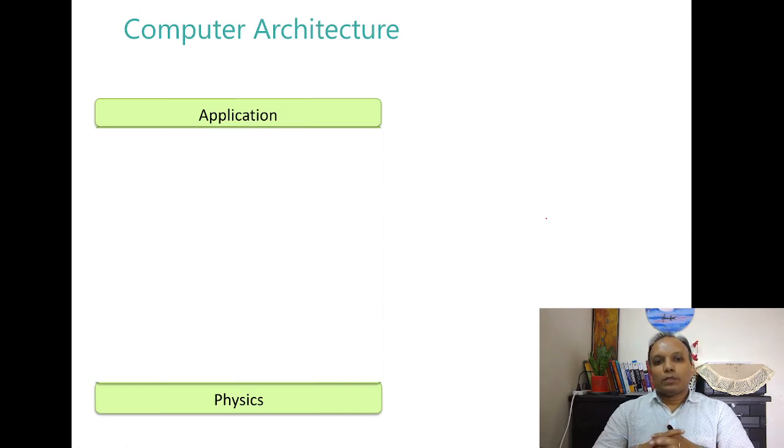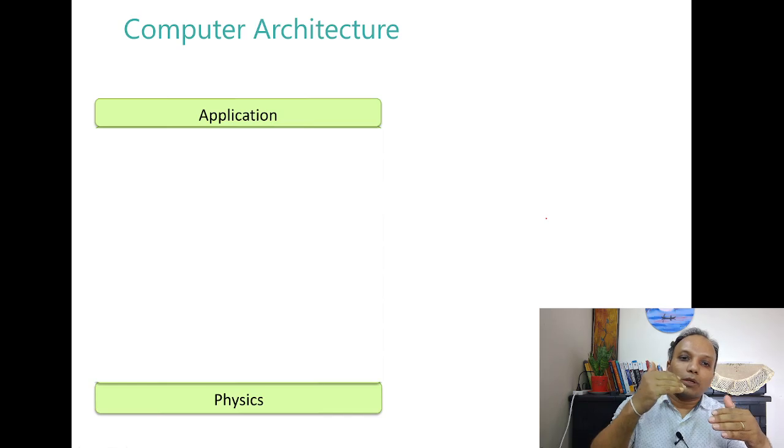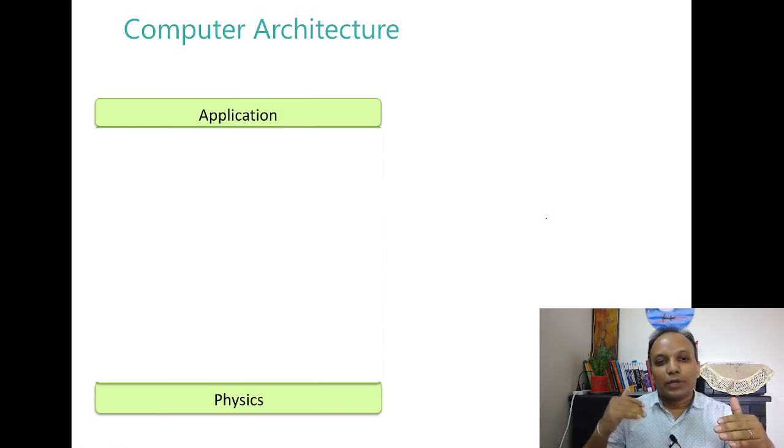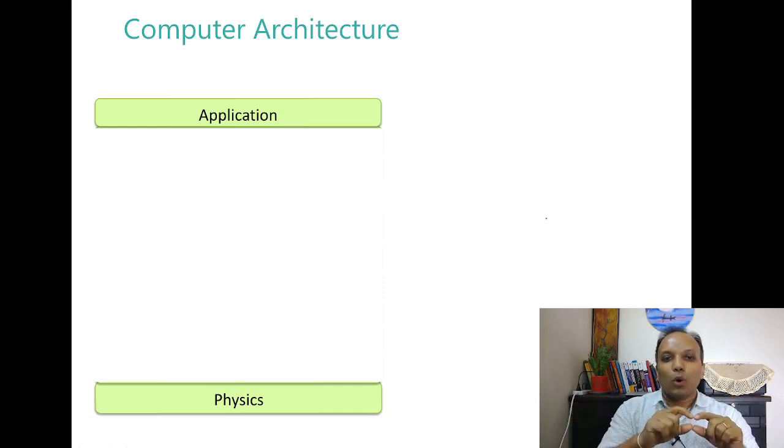Now if you think about it, this gap between the application and the physics is huge. Now if you are thinking of an application, let us say some image processing related application, and you want to find a solution for that. Now if you need to think about how that solution is actually getting translated at the physics level, then this will be a very overwhelming problem, because you will not be able to focus on only the application.